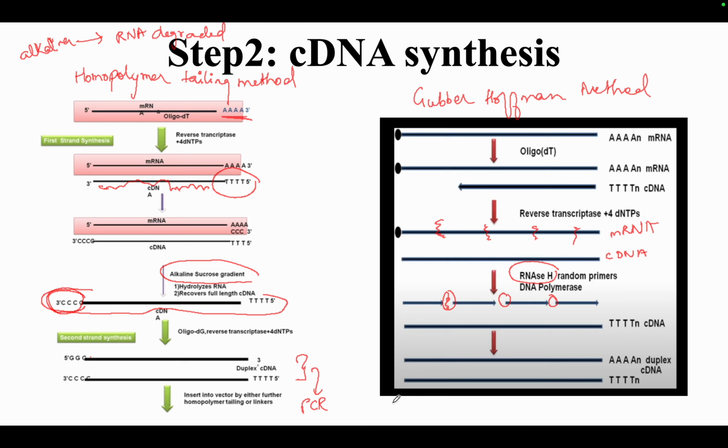And then we can add polymerases and we can add NTPs. These polymerases will synthesize the complementary strand by using this RNA as a primer.